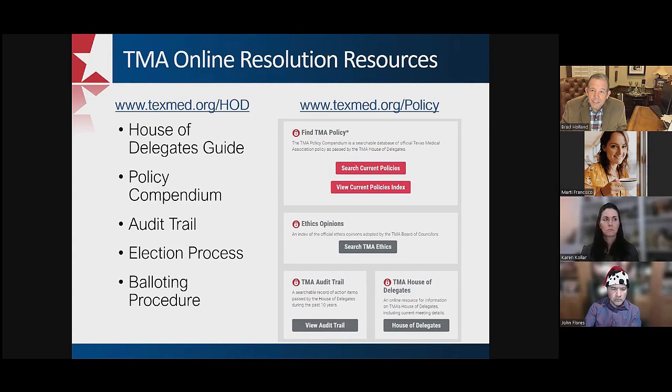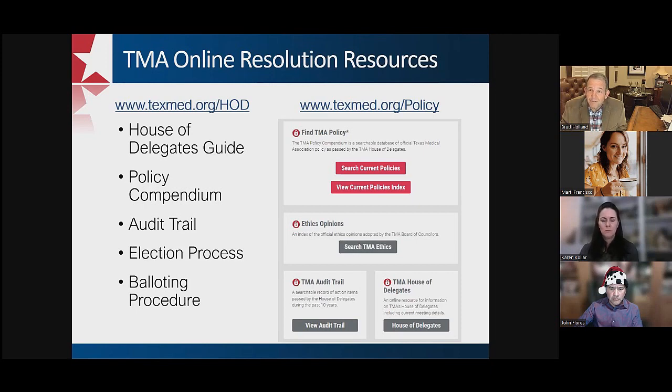Now, one thing that is new for TMA is that we wanted to make our policy completely available to all our members, but there were some reasons why we didn't want every single person to be able to look at all our policy and misquote it, and frankly, to put it in line with many other nonprofits and policymaking bodies, so that there is some value to it.